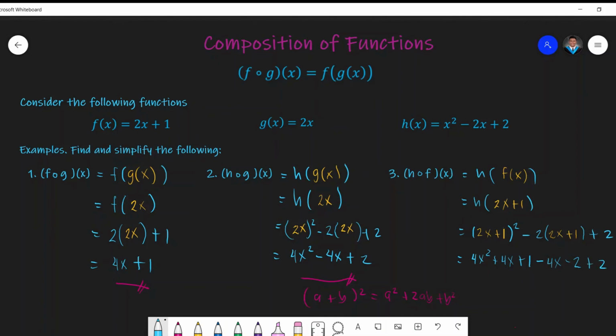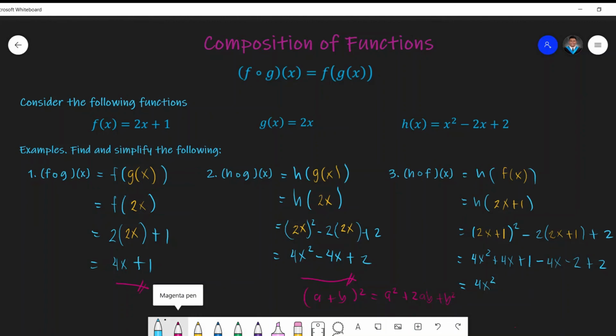Okay, so let's simplify this further. Ang gagawin natin dito is we combine the common terms. Wala namang common terms si 4x squared, so we just simply copy that one. So we have 4x squared. But kung makikita natin dito, merong common si 4x at saka dito. If i-add natin si 4x tapos si negative 4x, that is just cancelled.